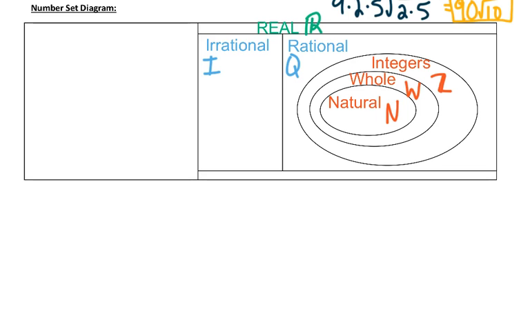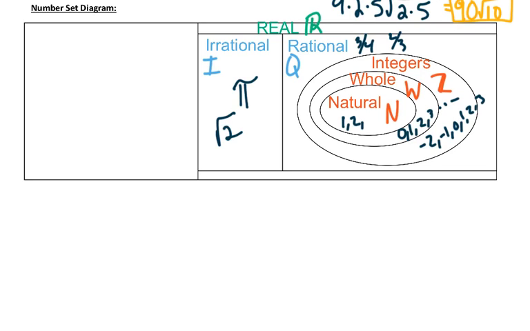So just as a recap, irrational numbers would be things like pi and the square root of 2. Rational is anything that can be written as a fraction. Integers is going to be your counting numbers, including negatives. Whole numbers are going to be 0 and all the positive integers, and natural is just going to be positive integers, so normal counting numbers.